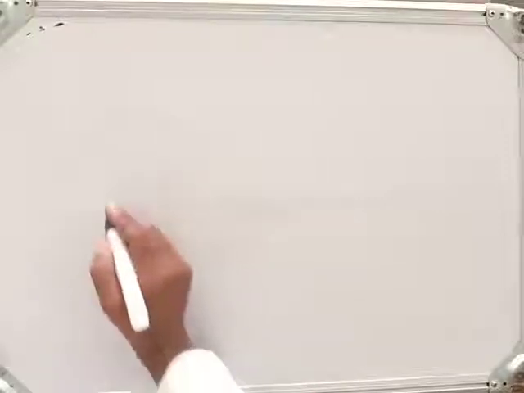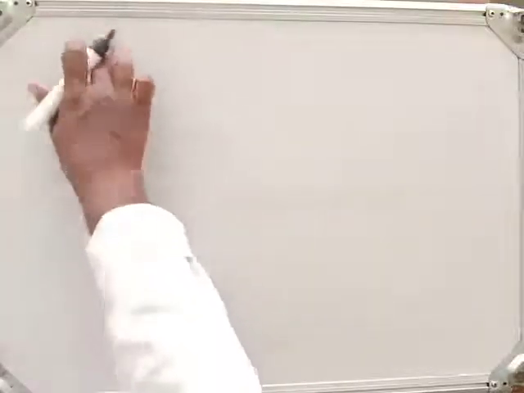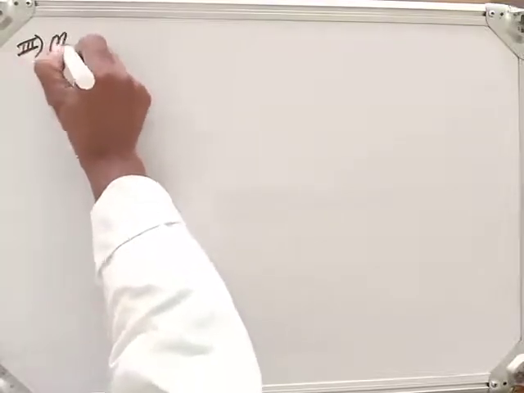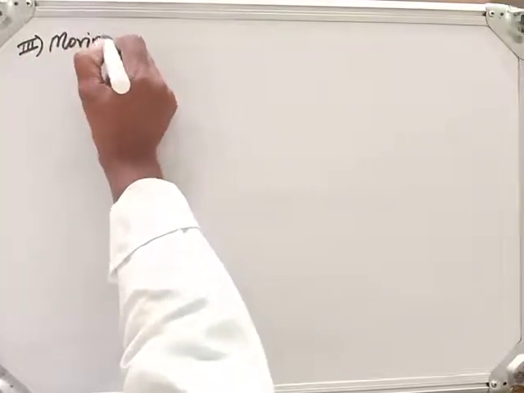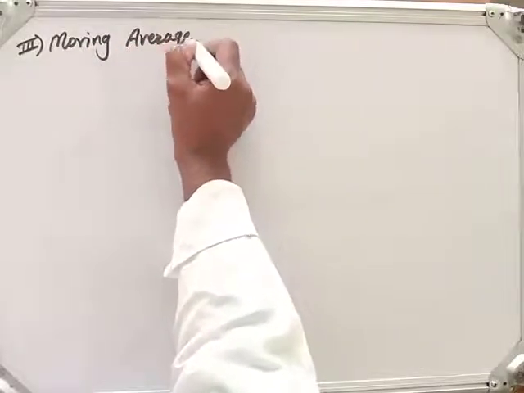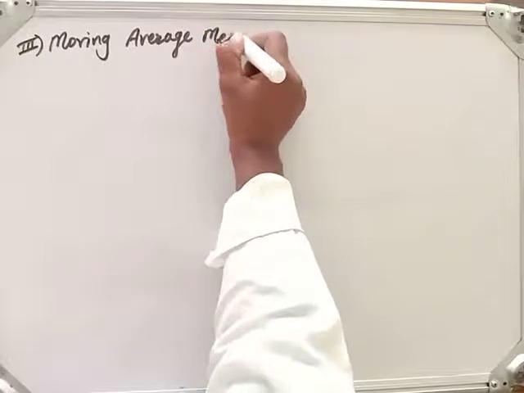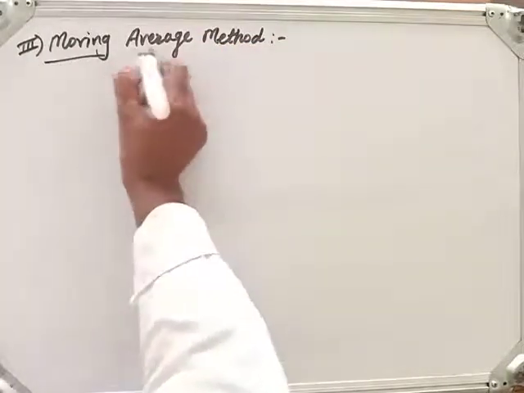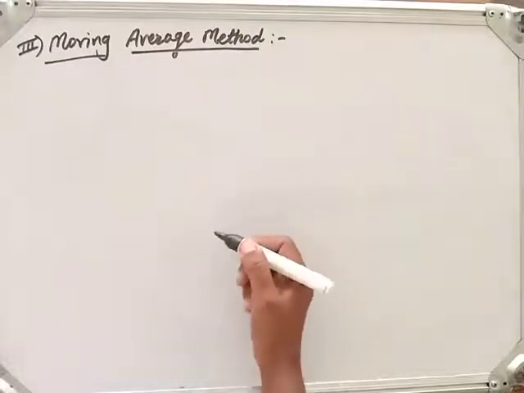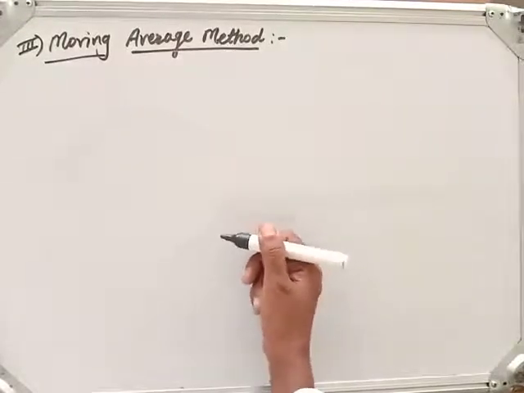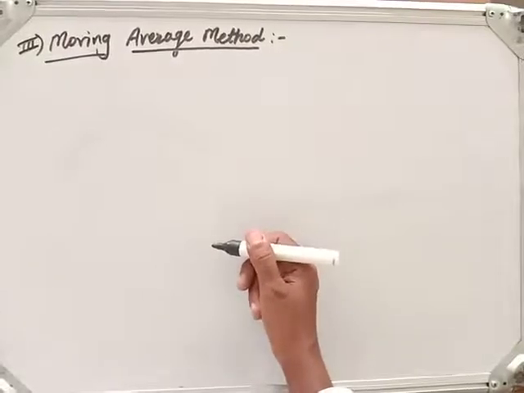Students, now the next method of measuring trends is the third method, that is the moving average method. In the previous video we have seen the definition of time series, its importance, some of the important components of it, then models of time series, and also two methods of measuring trends.